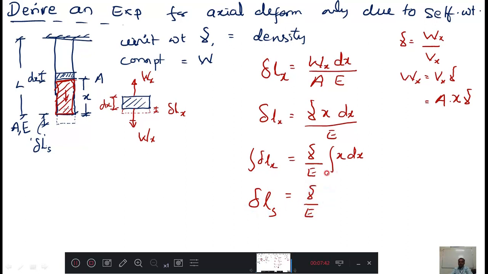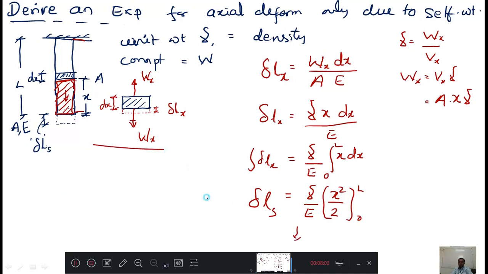Then this integration we are doing from 0 to L, because this x is varying from 0 till it is varying to L. Therefore it will be x square by 2. Then the limits are 0 to L. Then if I substitute the upper limit and lower limit, I will get an expression.